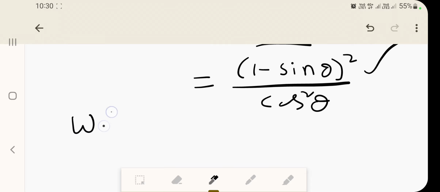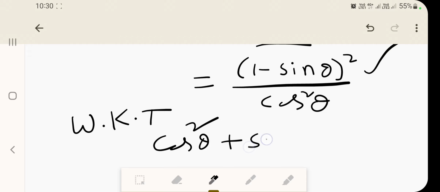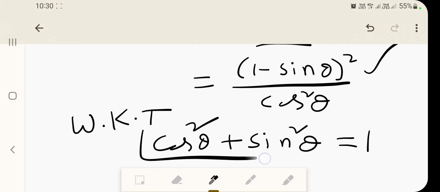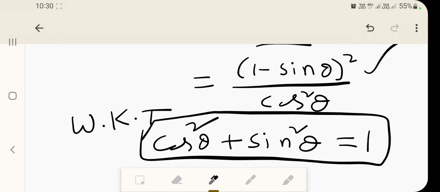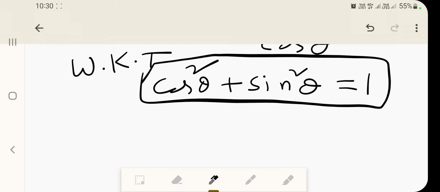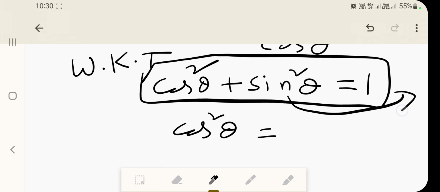And we know the identity, cos square theta plus sin square theta is equal to 1. This you have to memorize, very important. From this, if you bring sin square theta to the right hand side, cos square theta is equal to 1 minus sin square theta.